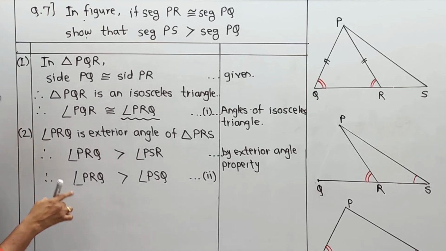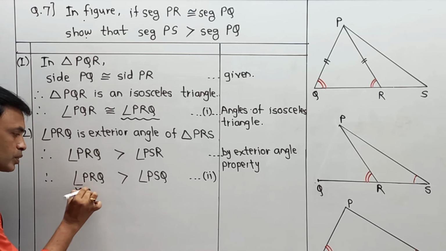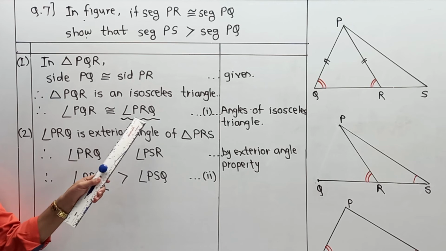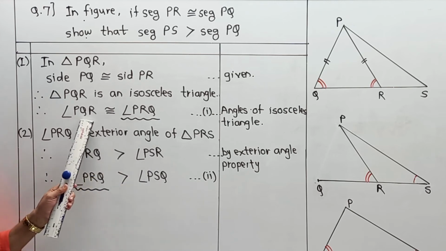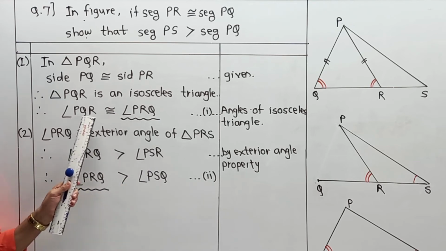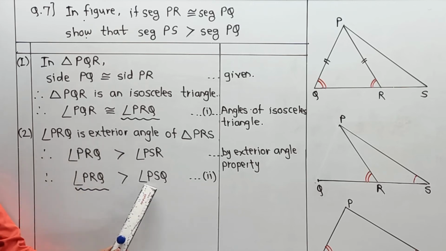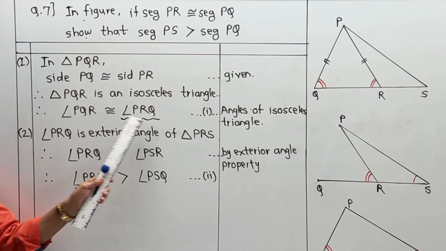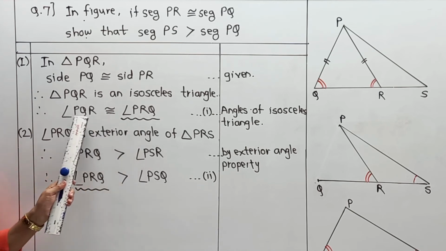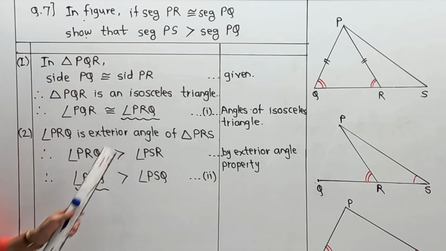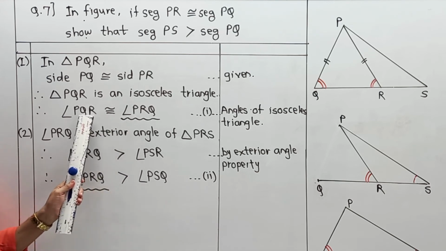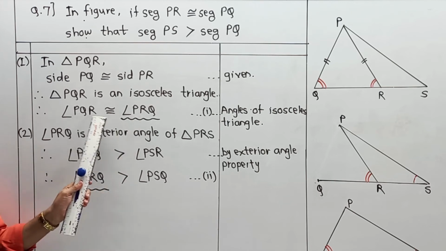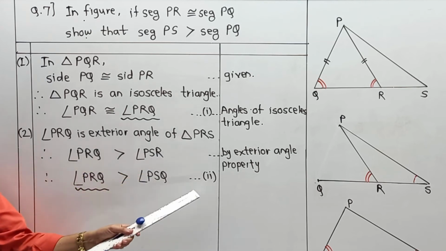From second, same PRQ which is over here is greater than PSQ. Naturally, if this is the same, automatically this is greater compared to this, means angle PQR is greater than angle PSQ. Why? Because PRQ is equal to PRQ and this PRQ is equal to PQR. So as these two are same and this also equal, naturally we are replacing PRQ, and writing PQR. But we are doing from equation 1 and equation 2.